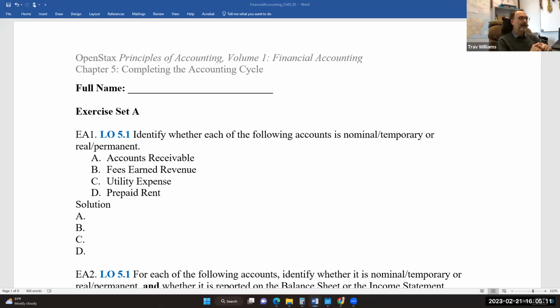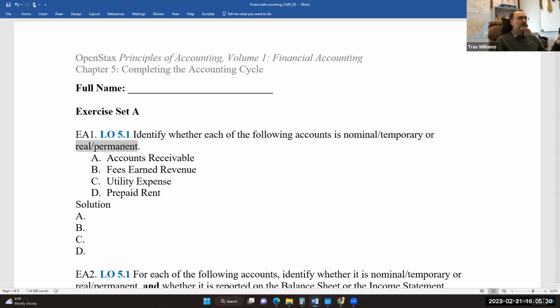But before we get into that, we're going to start with the difference between a temporary and a permanent account. As it says here in exercise 1, a temporary account can also be referred to as a nominal account, but I just use the term temporary because I think it's more clear.